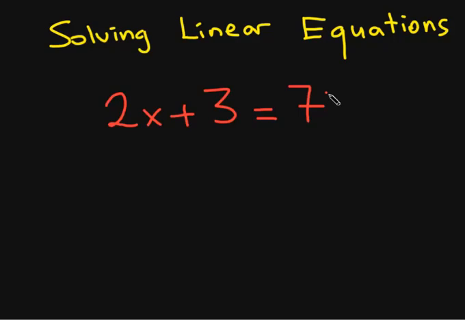To do this, we need to isolate x from the other terms. It means that we want x alone on one side of the equation. So we will try to make some practice on how we can do that.